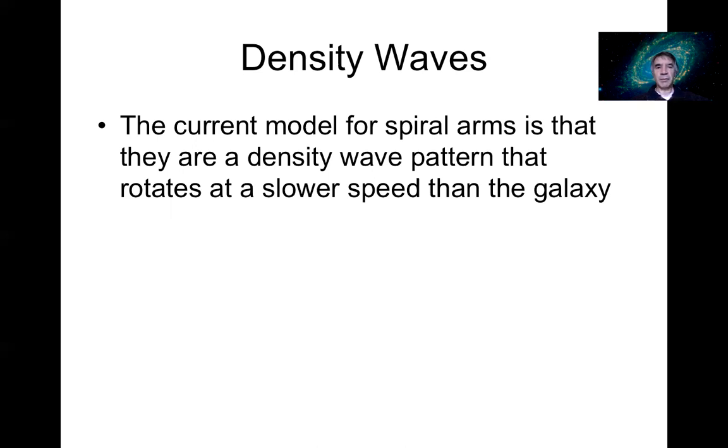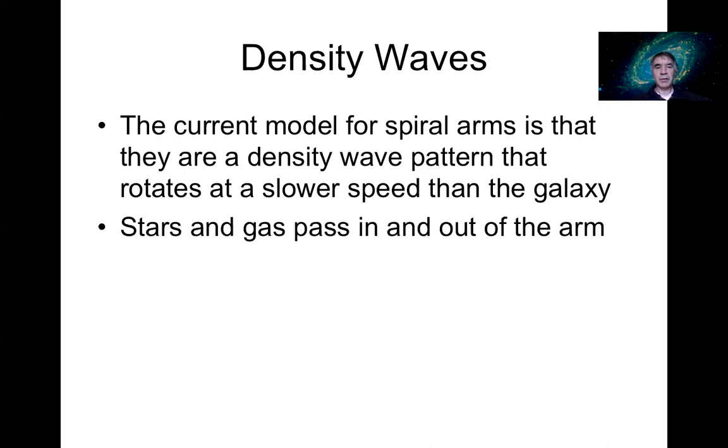You can get a wave moving through a medium, which is sort of independent of how the medium itself is moving, and so you can set up a wave pattern. And in the context of spiral galaxies, this wave pattern is actually rotating around at a slower speed than the components of the galaxy itself. Okay. So this is a little bit counterintuitive. Okay. But let me try and explain what we mean.